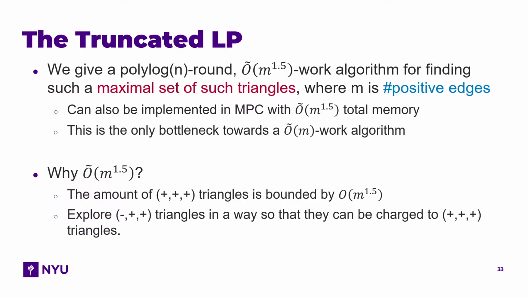And in the graph, if we consider how many triangles there are, it could be up to m to the 3/2 triangles. So if we want to find a maximum set of such triangles, we have to spend m to the 3/2 time. You may wonder if, instead of considering a maximum set of such triangles, we could consider another type of triangle.